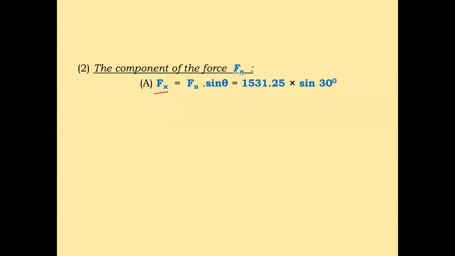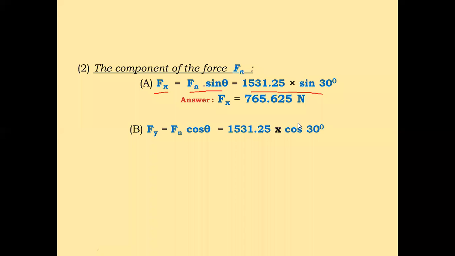First is the Fx, or the horizontal component, that is Fn sine theta, which is 1531.25 into sine 30, which is 765.625. Is this the answer that you got? Yes, sir. Okay, and Fy is 1326.1 Newton. So is this the answer that you got? Yes, sir.